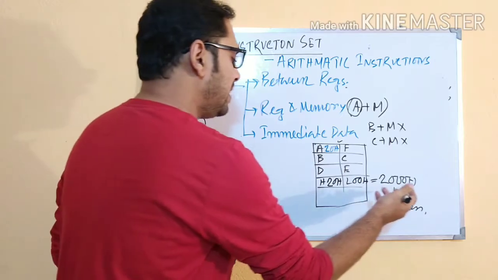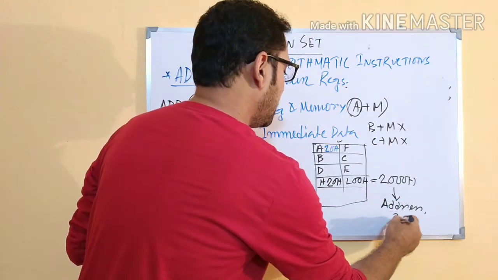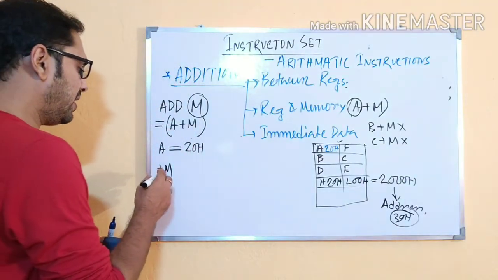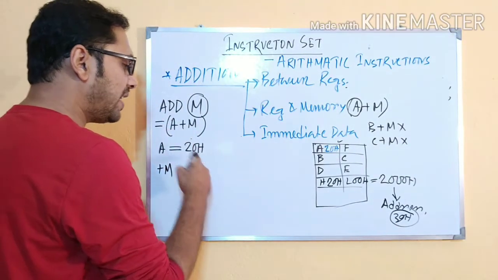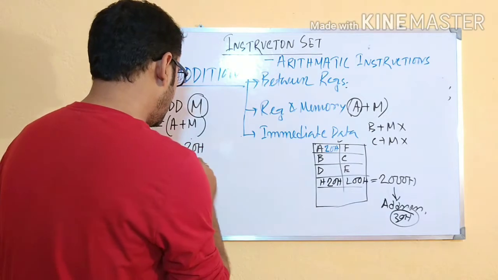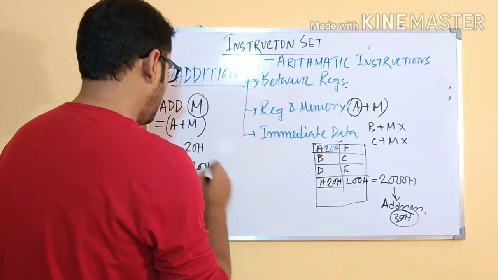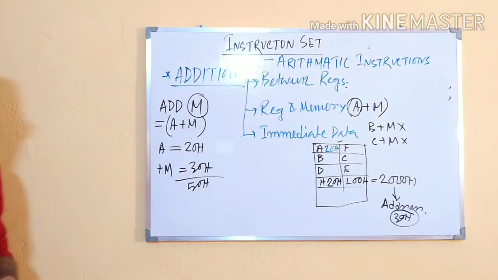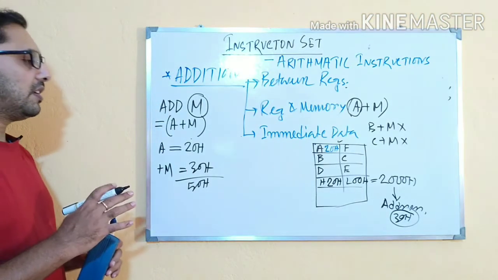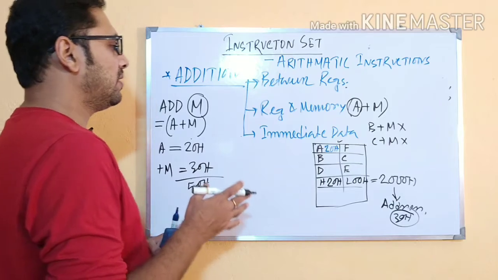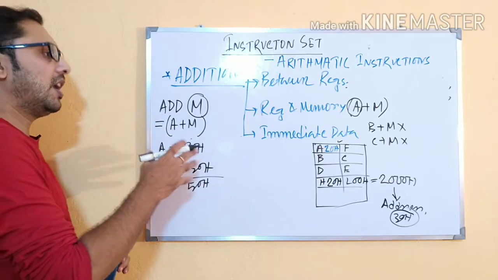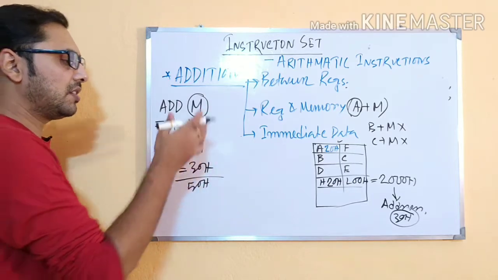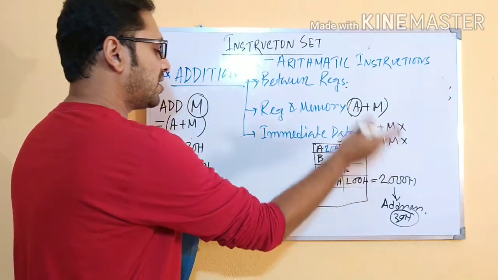So assume this address contains data, maybe 30 hex. Then M will directly get this value, 30 hex, and if we perform the addition, the value will be 50 hex. In this way we can perform addition between the content of the accumulator and the content of memory whose location is denoted by the HL register pair only.